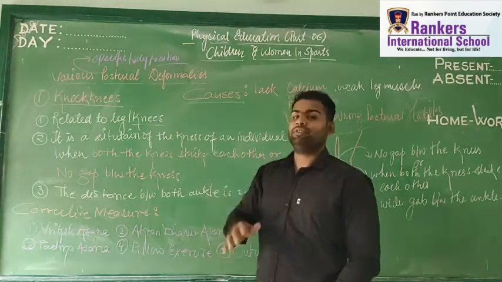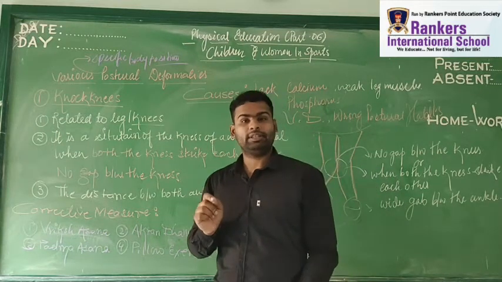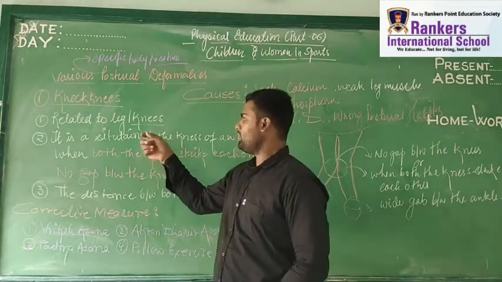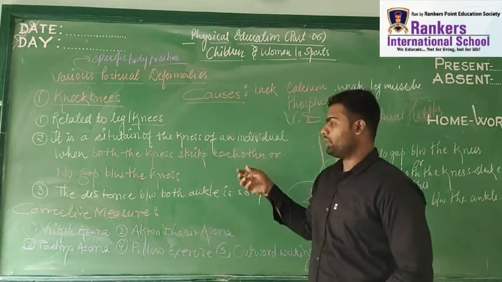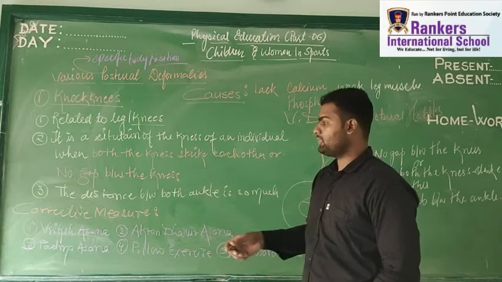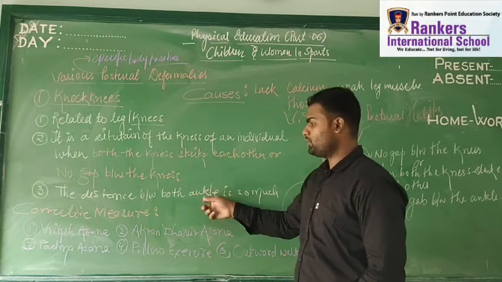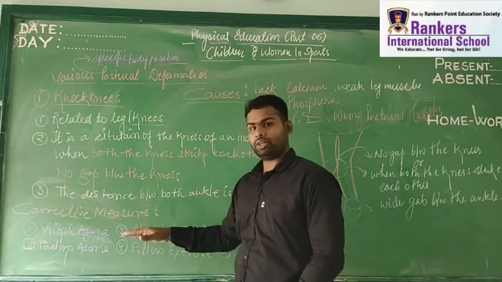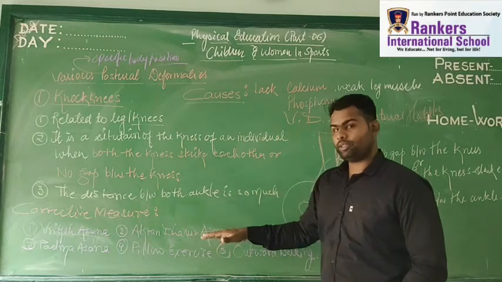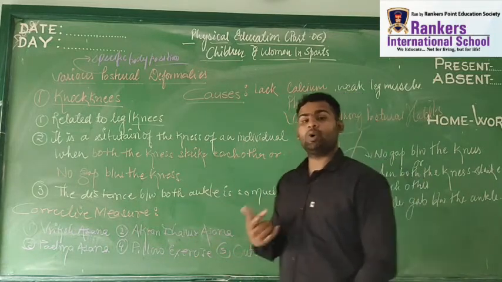This is a problem related to the knees and the lack of strength in the leg muscles. It is a situation when the knees strike each other and there is a wide gap between the ankles. The corrective measures for this kind of deformity are Vrikshasana, Upper Dhanurasana, Padmasana, pillow exercise, as well as outward walking.